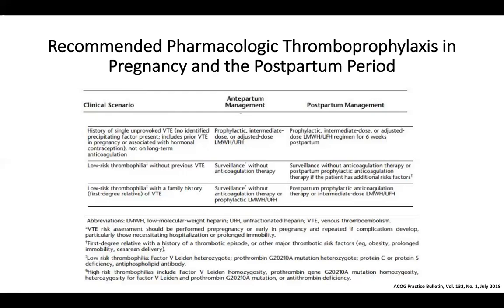So how on earth do you decide then? Well, that's when you talk to the patient and say you've got everything from the Fiat 500 to the Mercedes Benz over here. The fully anticoagulated is going to give you the lowest risk of clot, but there are risks associated with that.